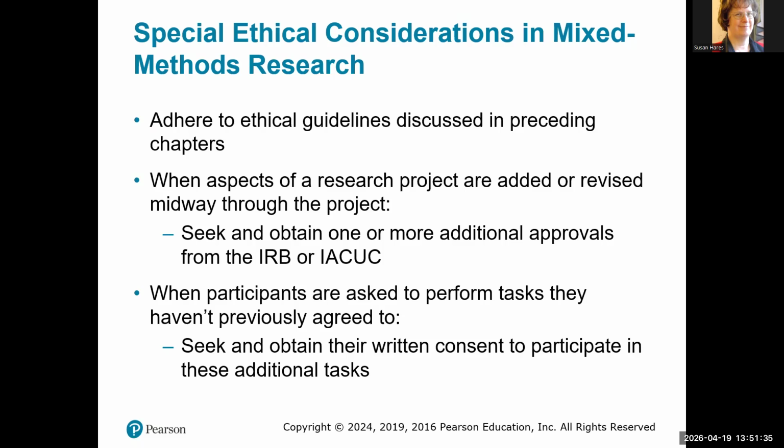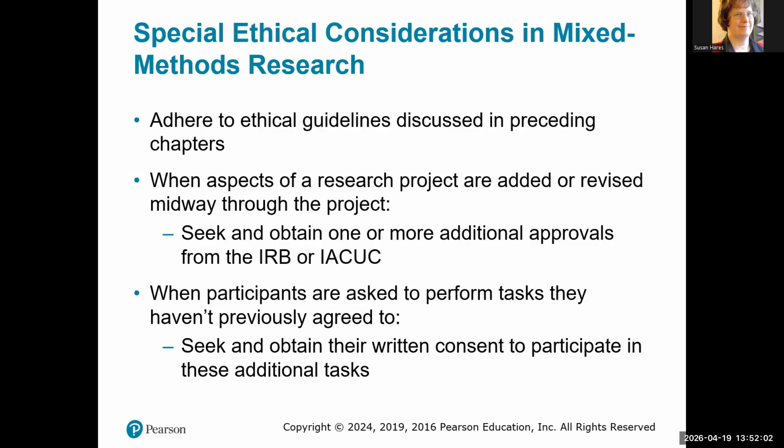Now, you need to, in this, adhere to the ethical guidelines discussed for quantitative and qualitative, but you need to also think what things are added when you put these pieces of data together. If your participants are asked to perform tests they hadn't previously agreed to, you have to seek and obtain their written consent.